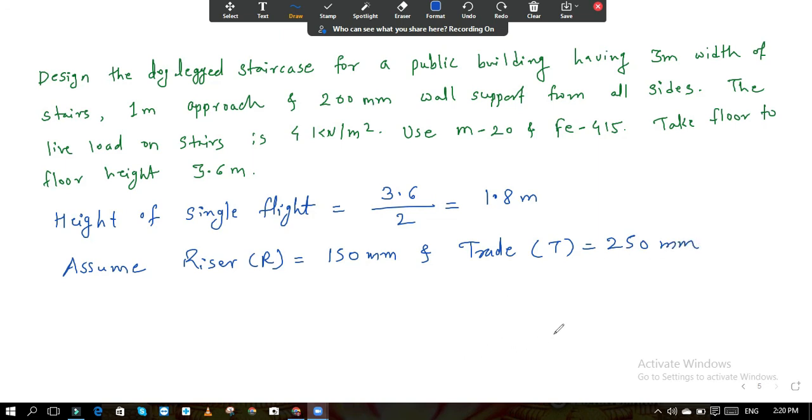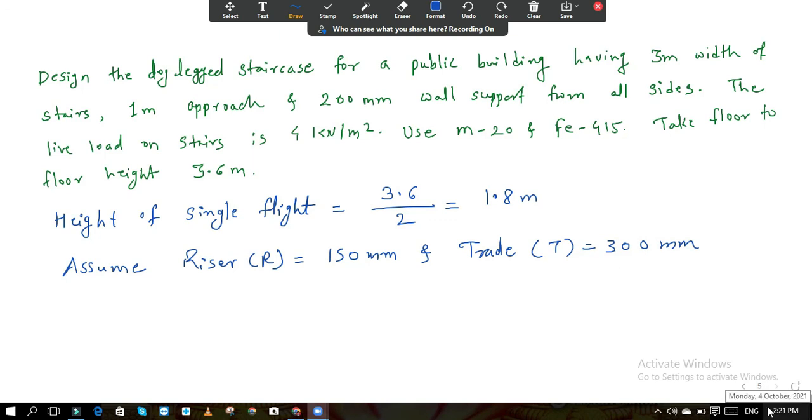Okay. This is what I have assumed, 150 and 250. 250 is a little bit on the shorter side. You can also go for 300. So instead of 250 now, you will go for 300. It will be sufficient to keep your foot on it. Okay, so 300 mm.